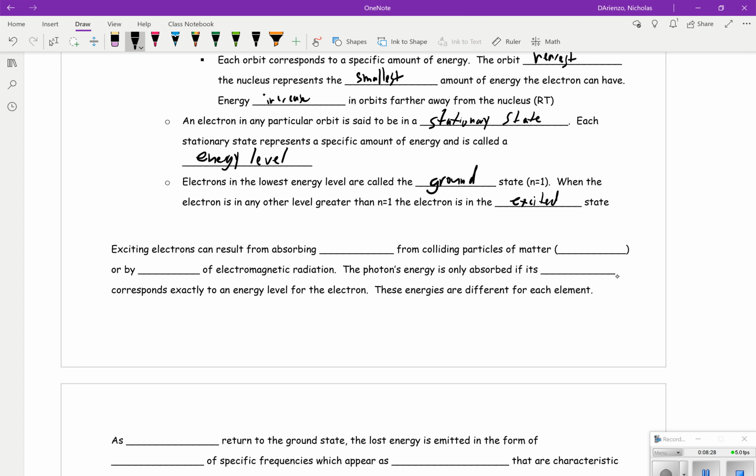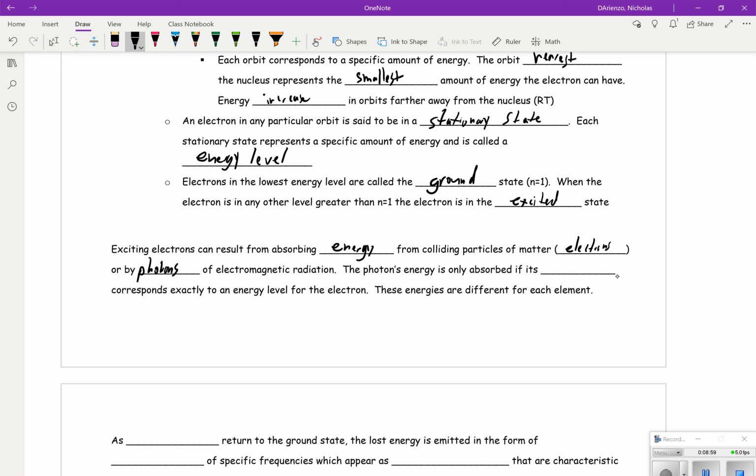Now, we can excite electrons in a few different ways, but ultimately, exciting electrons can result from absorbing energy from other particles of matter that are colliding with the atom or with the electron. And this can be forms of matter like electrons, or it could be by photons.